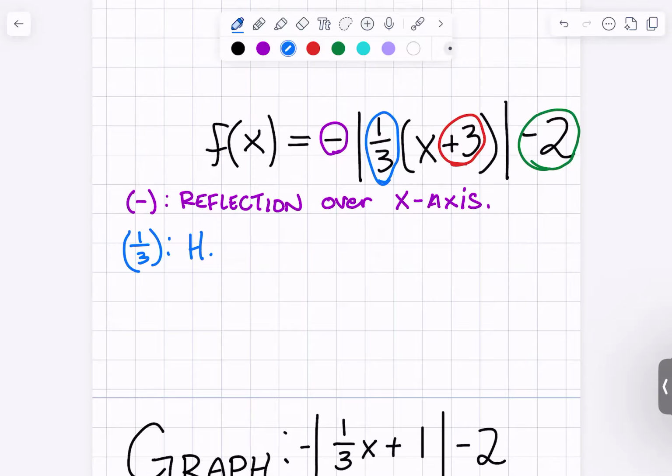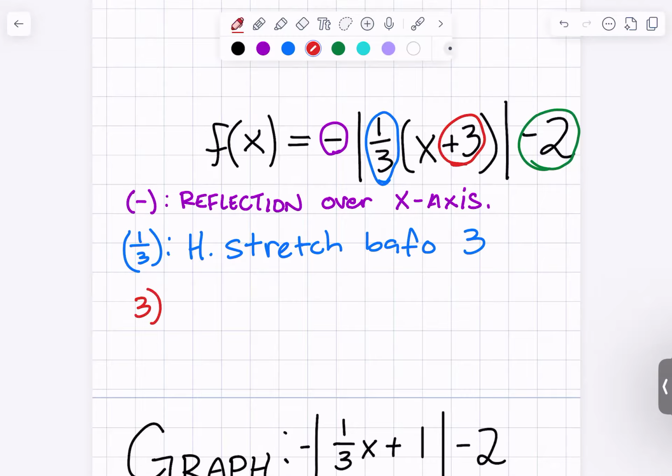Yes or no? No, because it's getting smaller. Smaller means compressing. Since it's compressing, we go against our gut, so we're stretching. So it's a horizontal stretch by a factor of 3. Just take the reciprocal of what we're multiplying by.